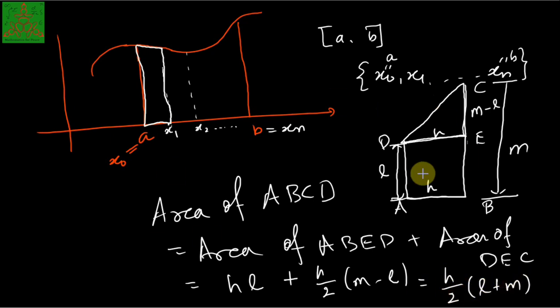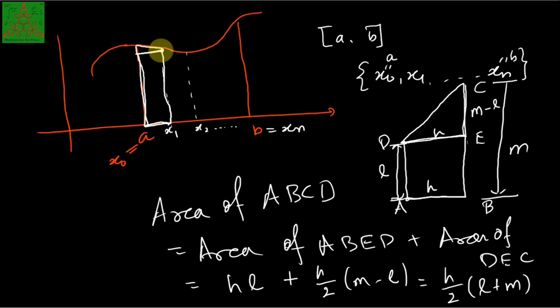So the area of this trapezoidum will be H by 2 into L plus M, where L is the distance from this point to this point. Here you can see this is your rectangle, whose area is this height into this base, and then this triangle.